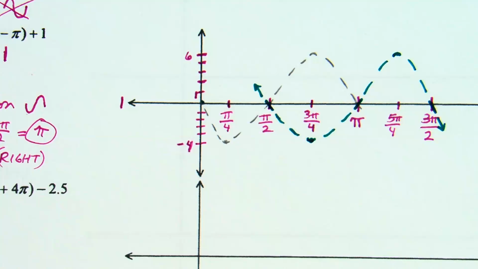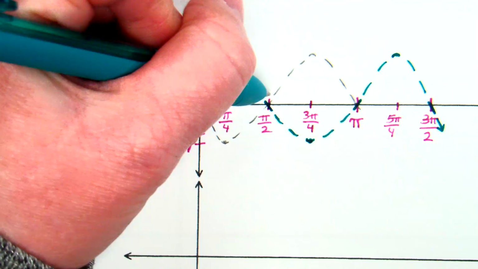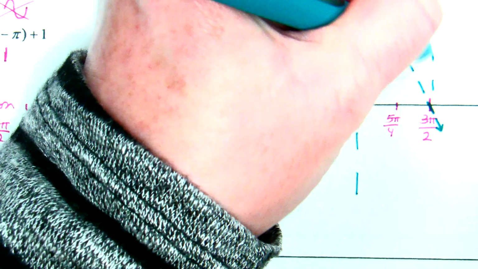Okay. How do I actually draw cosecant? Okay, asymptotes and opposite parabolas. So I'm going to have an asymptote at pi over 2, pi, and 3 pi over 2.